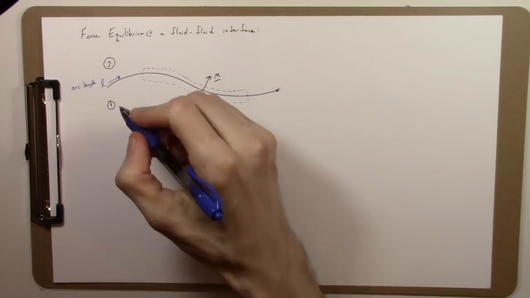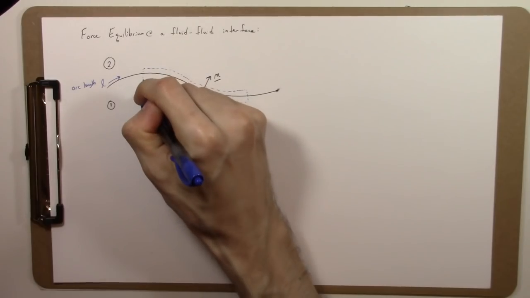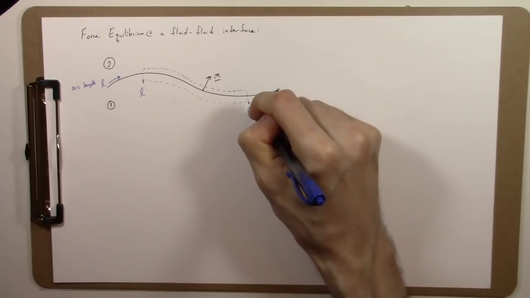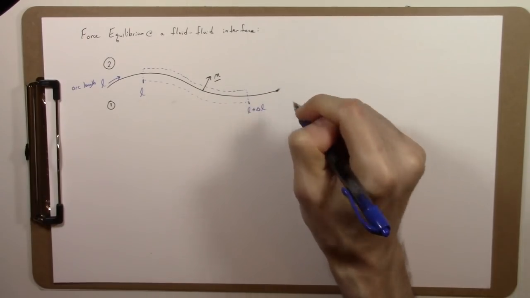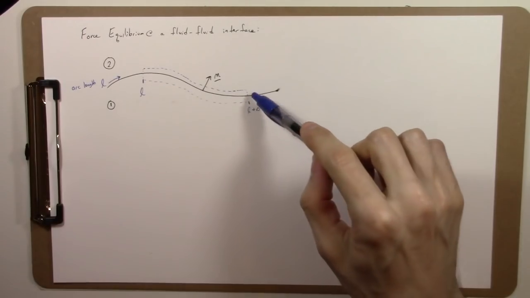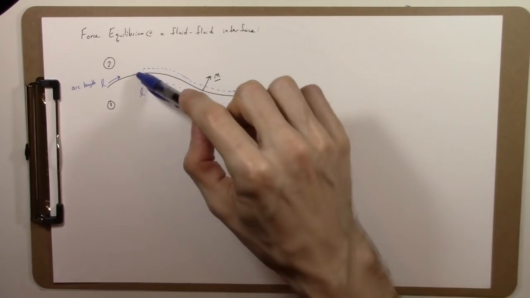So at the left-hand side of this control volume, we have arc length L. At the right-hand side, we have arc length L plus delta L. So delta L is the total length of our very small differential control volume.